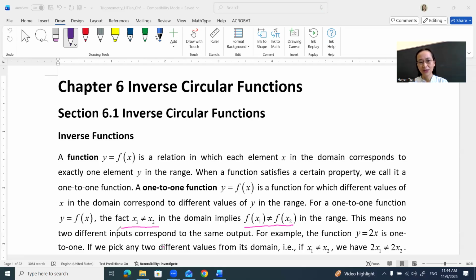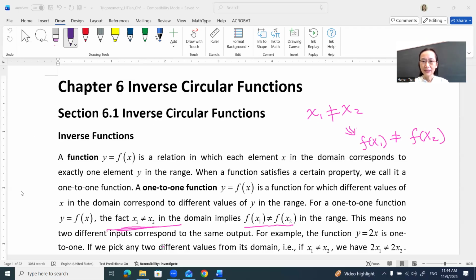That has to be true for any arbitrary values in the domain. Whenever x1 is not equal to x2, the function values will not be the same. If this is true for all x1, x2 in the domain of the function f, then this is called one-to-one.